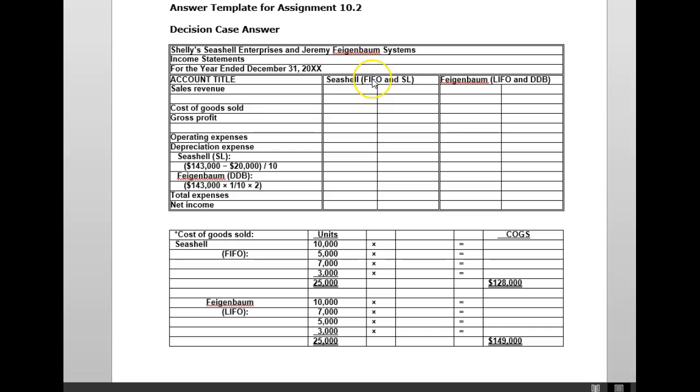Because if a company uses FIFO and straight line versus LIFO and double declining, there's a definite different philosophy when you're looking at their accounting statements.